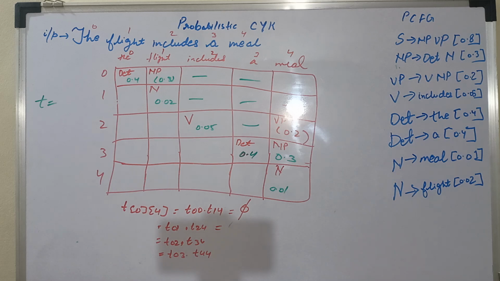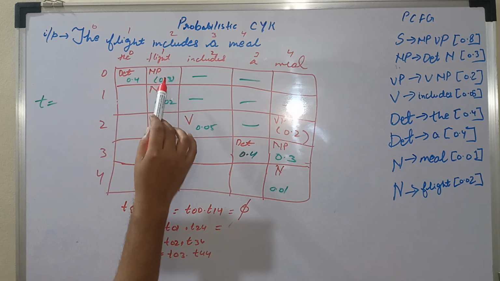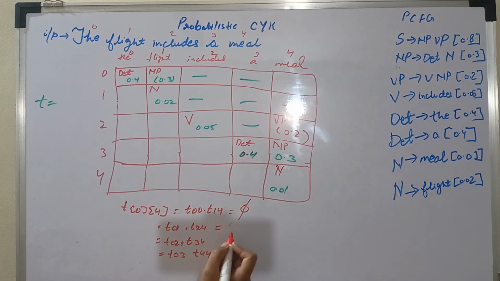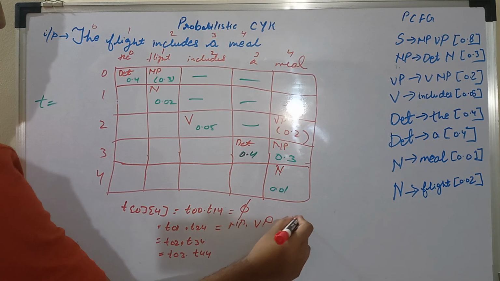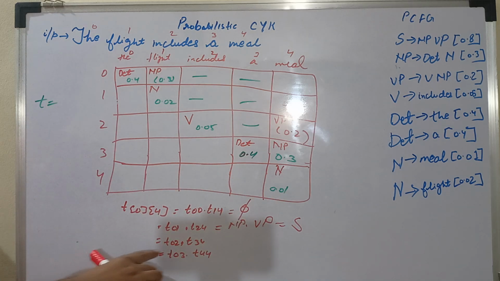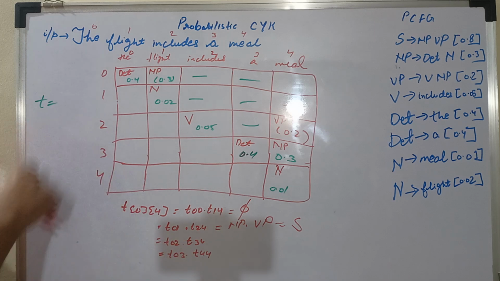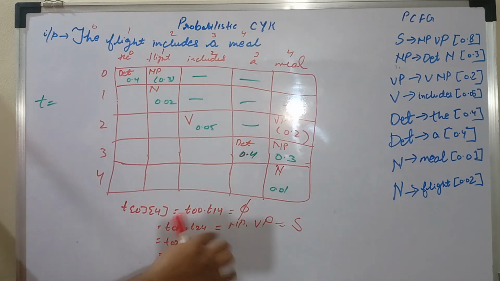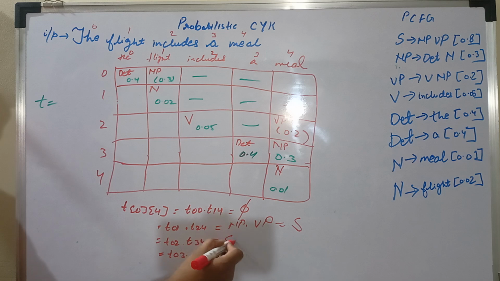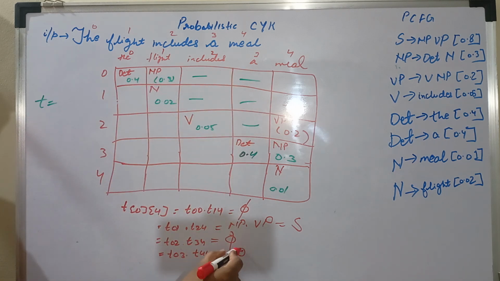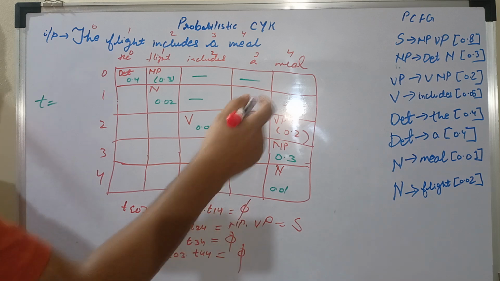T01 into T24: T01 is NP and T24 is VP, so that becomes NP VP. That is the start of the sentence, so we get S here. S gives NP VP. Again T02 is 5, and 5 into something is 5 alone, so that's null. Now T03 is 5, and 5 into something is 5. So all we get is one entry, and this is S.